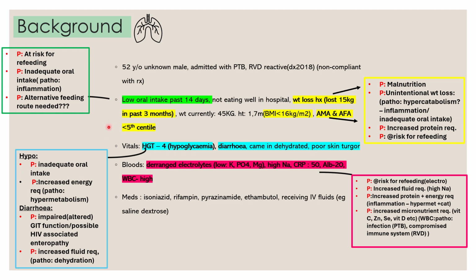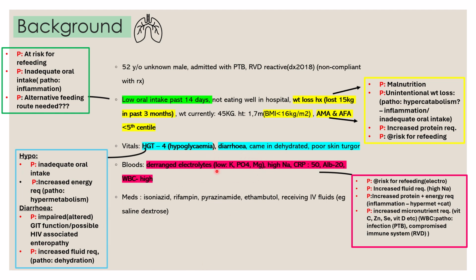Looking at the vitals, we have a few. So again, the oral intake is there, increased energy requirements, which speaks to the hypermetabolism, right, related to hypermetabolism. And with regards to the diarrhea, definitely increased fluid requirements, right?